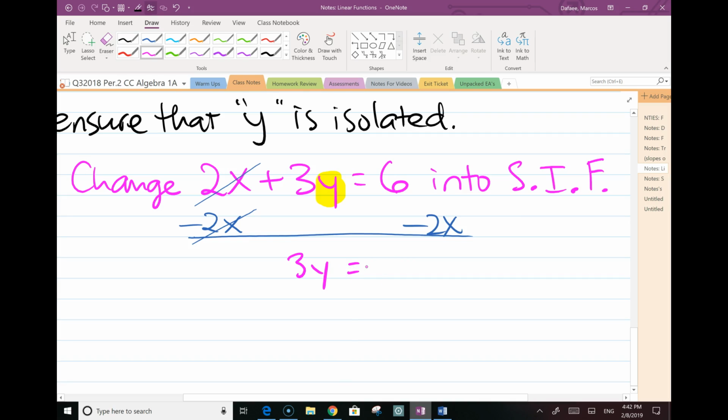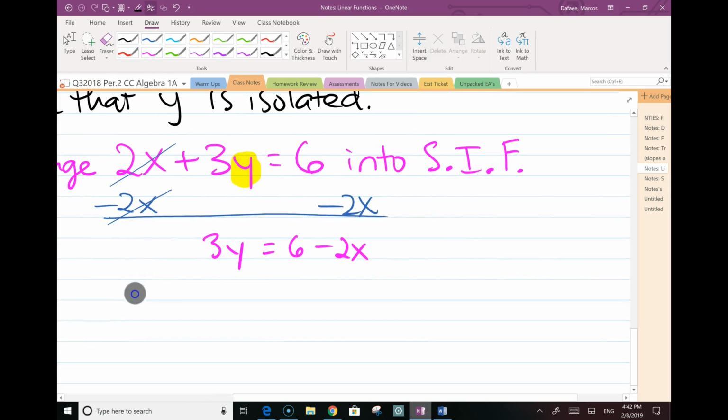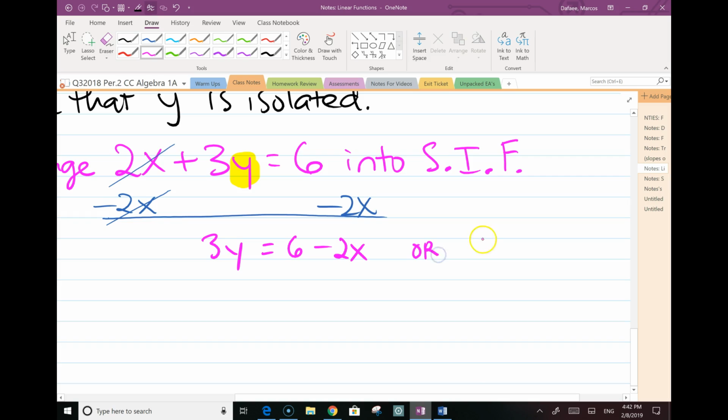Now there are two ways to write it. You could write it 6 minus 2x, or you could write this as 3y is equal to negative 2x plus 6. Two versions, they mean the same thing. Just make sure if you rearrange those terms that the signs stick to the right numbers.